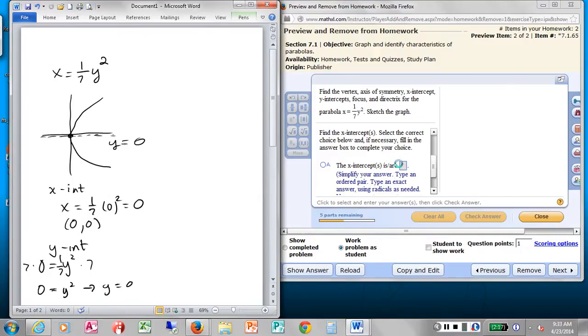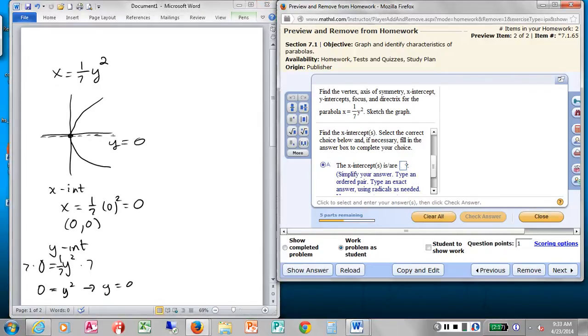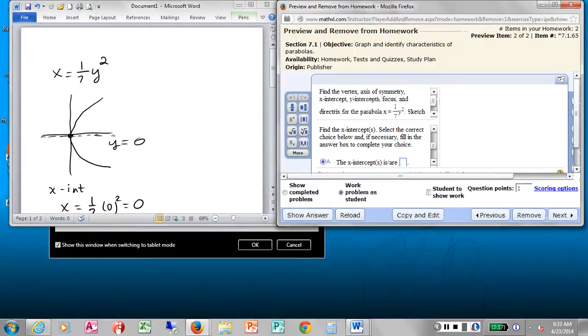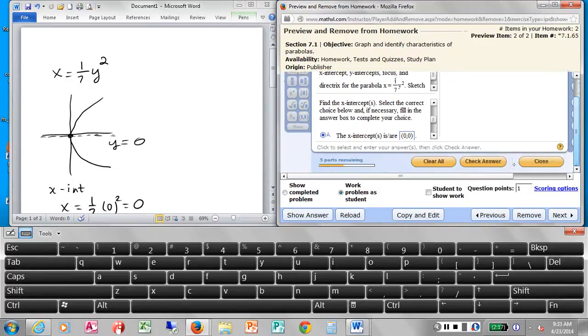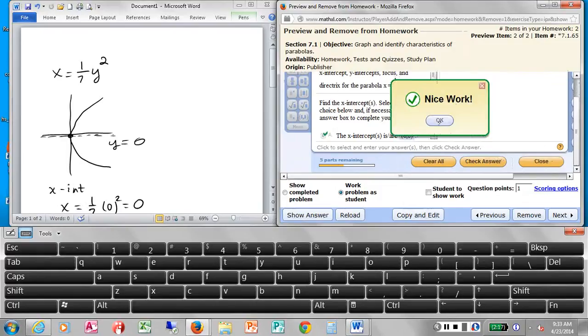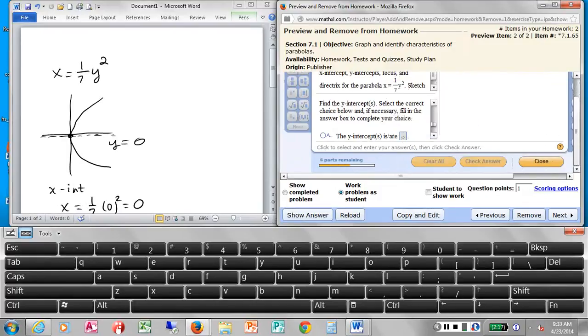Both the x and the y-intercept are 0, 0. You could look at the graph too, I guess, and see that. So the x-intercept is 0, 0, and the y-intercept is 0, 0 as well.